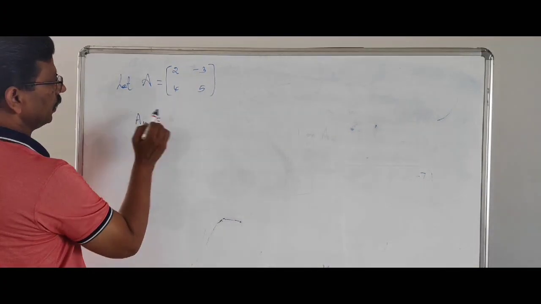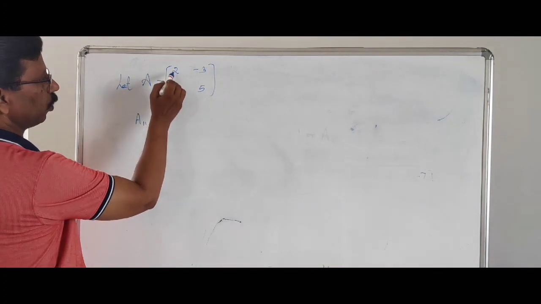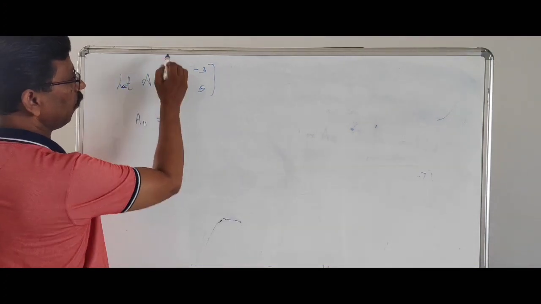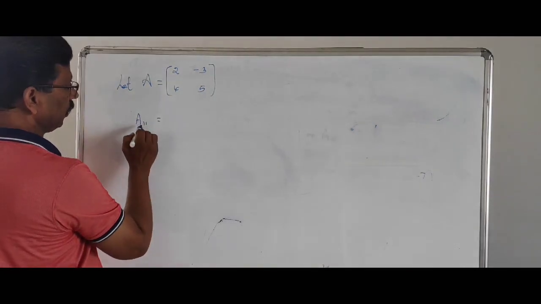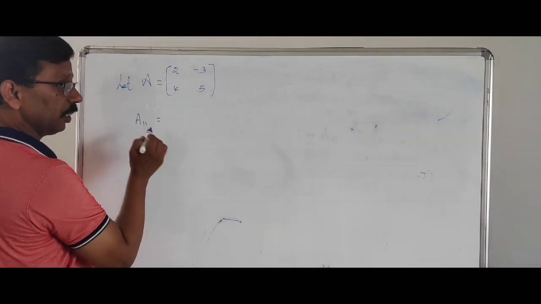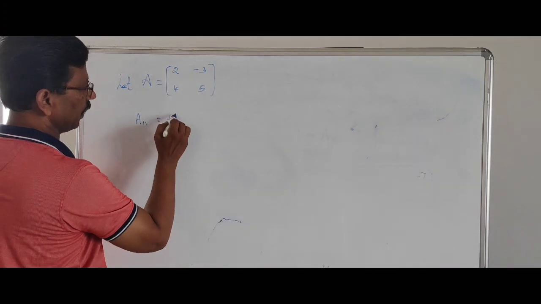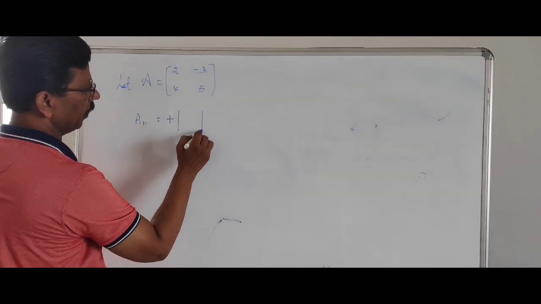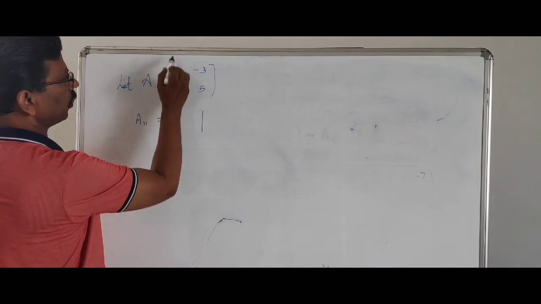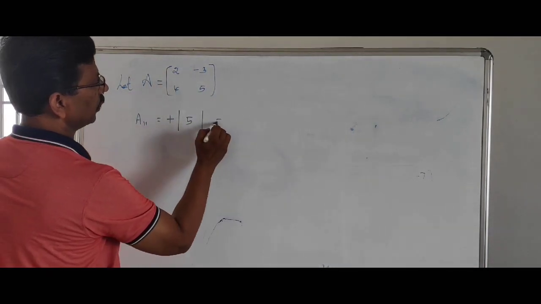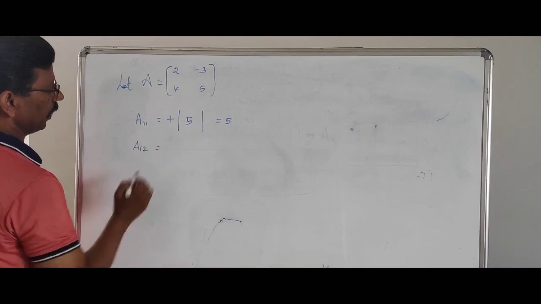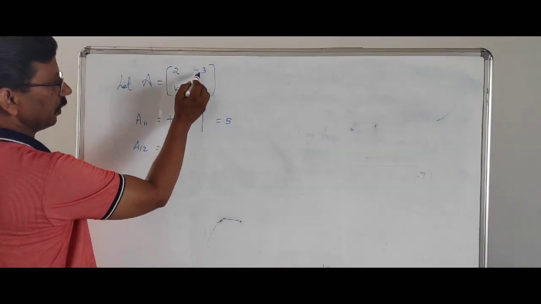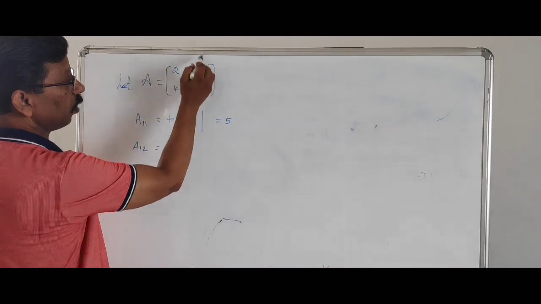That is, the cofactor of the element 2, standing in the first row, first column. A11 is equal to (-1) to the power 1 plus 1, and 1 plus 1 equal to 2 is an even number. Therefore, we assign a plus sign. Then we find the corresponding minor by leaving the first row, first column. We get 5. Now A12 is the cofactor of the element minus 3, which stands in the first row, second column.